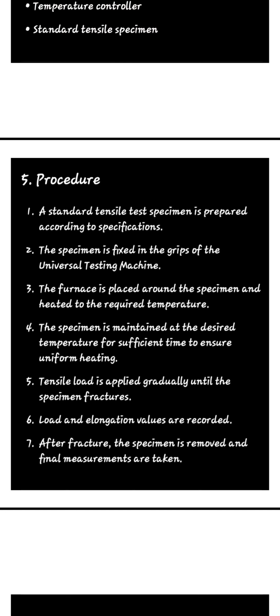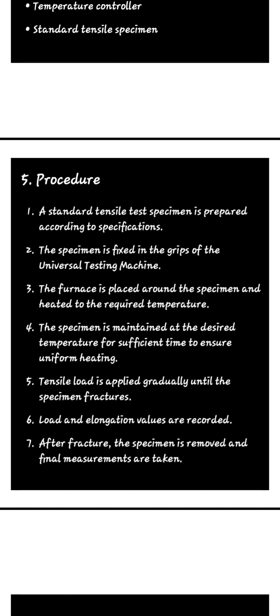Procedure for hot tensile testing. A standard tensile testing specimen is prepared according to specification. The specimen is fixed in the grips of the universal testing machine. The furnace is placed around the specimen and heated to the required temperature.